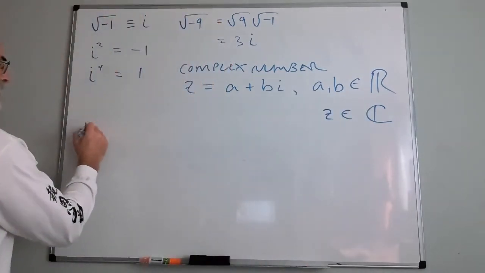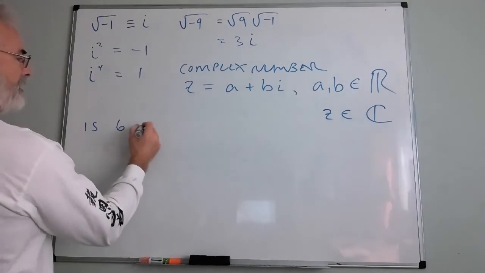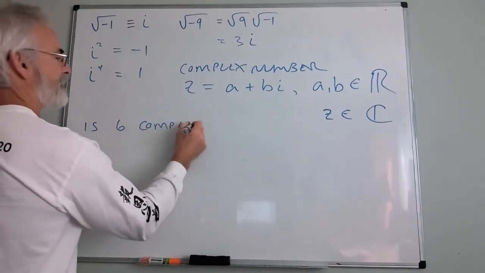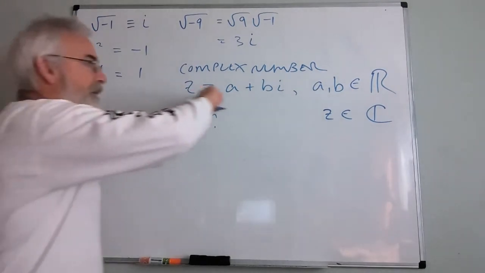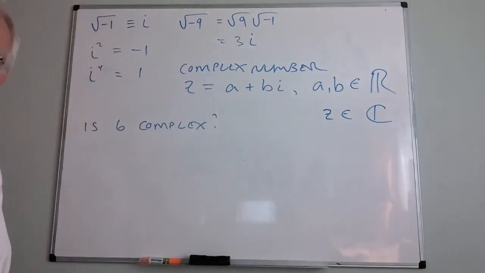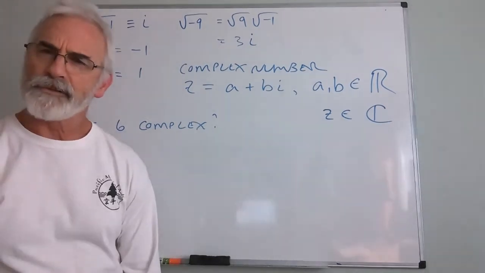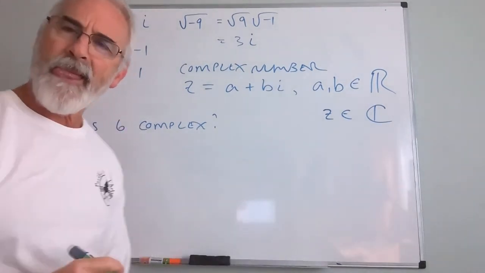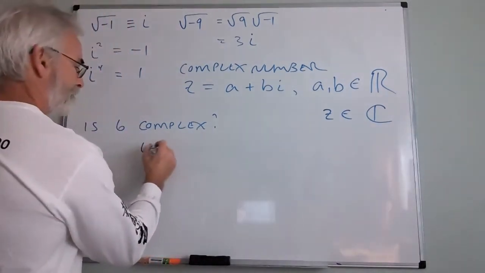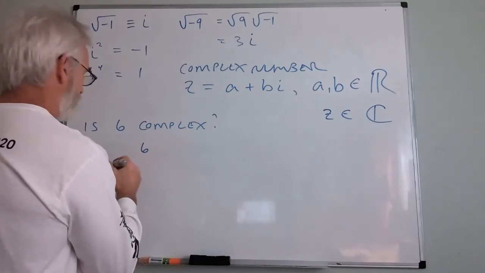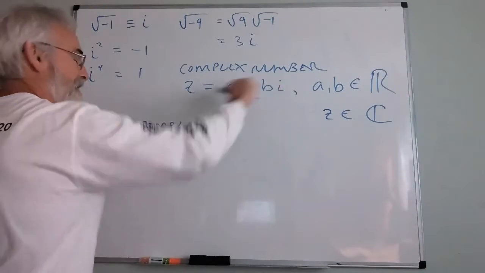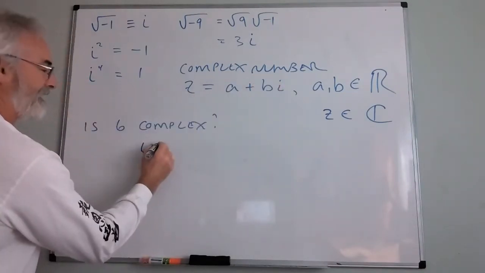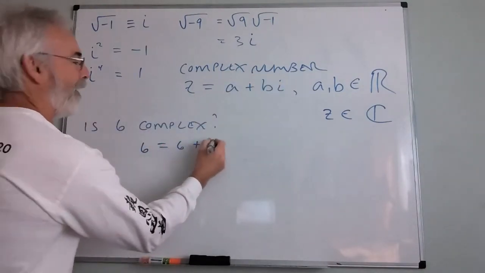Then if I said, is 6 complex, just the number 6? I said any number that can be written in this form, is 6 a complex number? I know it's a real number. Can you just write 6 plus 0i?